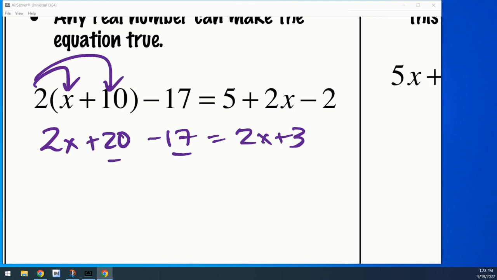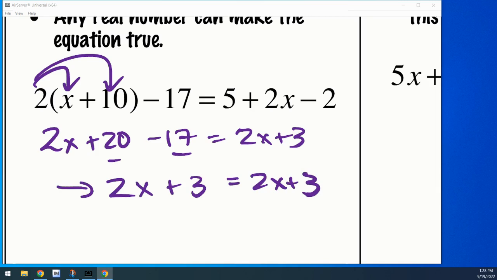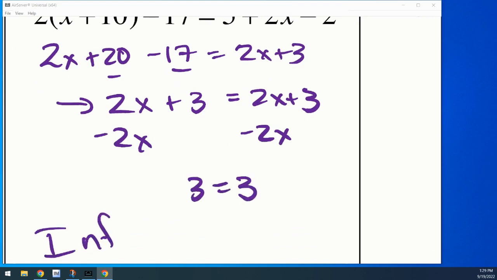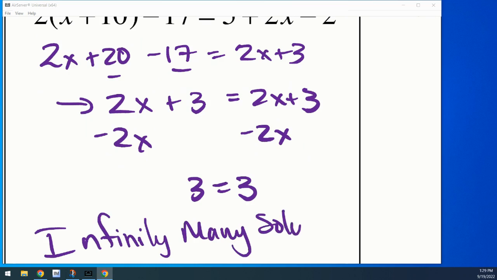Combine like terms over here, and I get 2x plus 3. Okay, we're going to look at this stage in just a second. I'm going to subtract the 2x from both sides, and I get 3 equals 3. So that's infinitely many solutions.